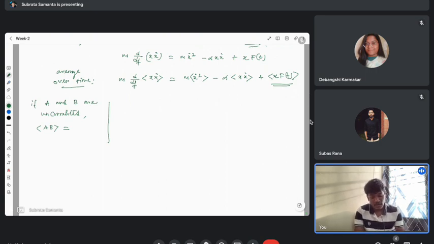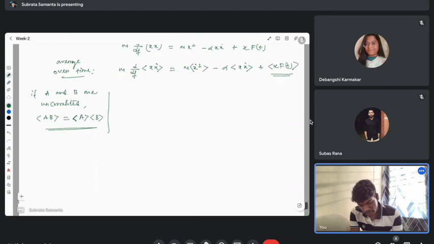If there is no correlation between two observables A and B, we can always write the average of AB as the average of A times the average of B. That is the importance of being uncorrelated.